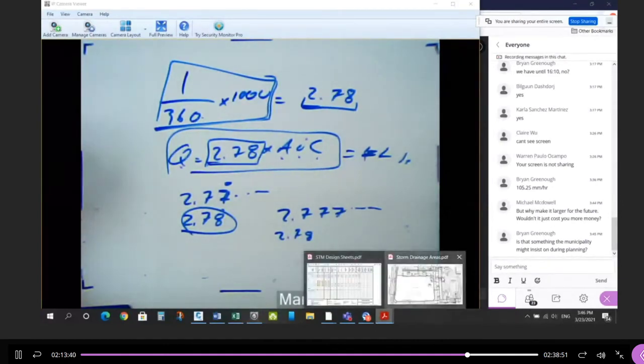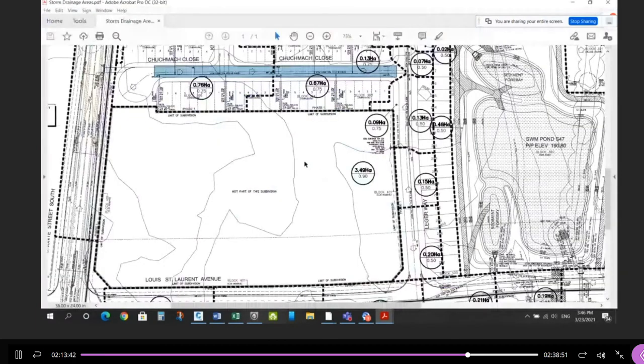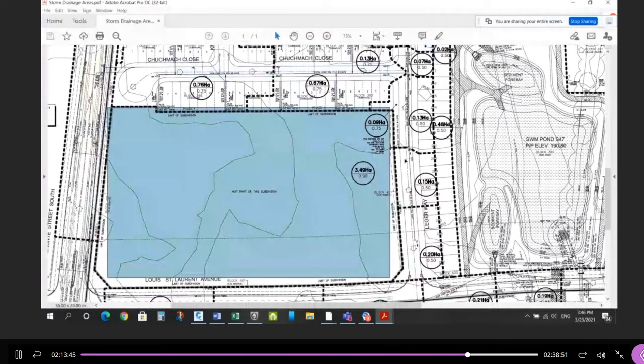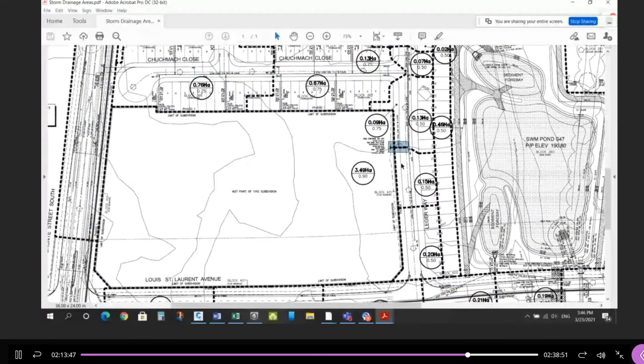So if you look here, the assumption is that this entire area is going to come out this pipe, right? Everything's going to come out here. That's the assumption. So based on that assumption, this is all you need to do here. So this was overkill. To make these two pipes bigger than necessary was a bit of overkill. Now, the municipality is going to say, well, you know, those are bigger than they need to be. Is it going to work? Of course. Did you spend more money than necessary? Maybe.